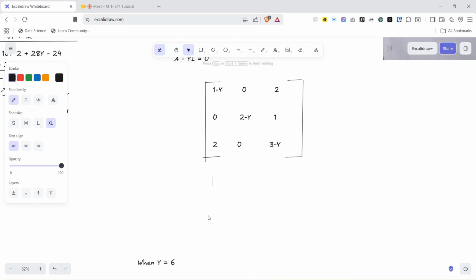So 1 minus lambda into 2 minus lambda, 1, 0, 3 minus lambda.